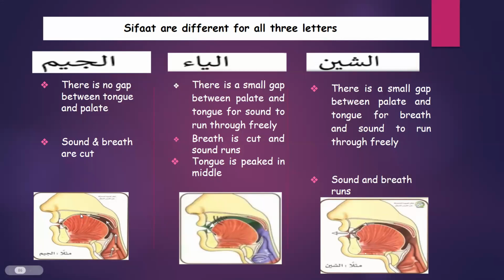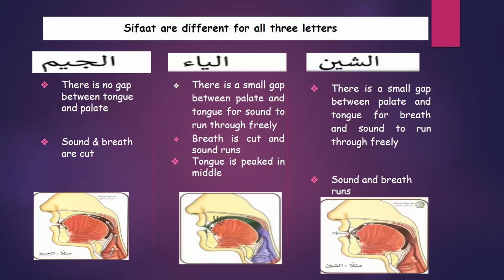When you say the letter jim with the sukoon, putting a haraka before it on hamza, and try to say it, ad, what happens? The sound and the breath both are cut off. You need to release the tongue by instantly disconnecting from the palate, which results in a bouncing sound. We call it qalqala. So aj, aj, aj.